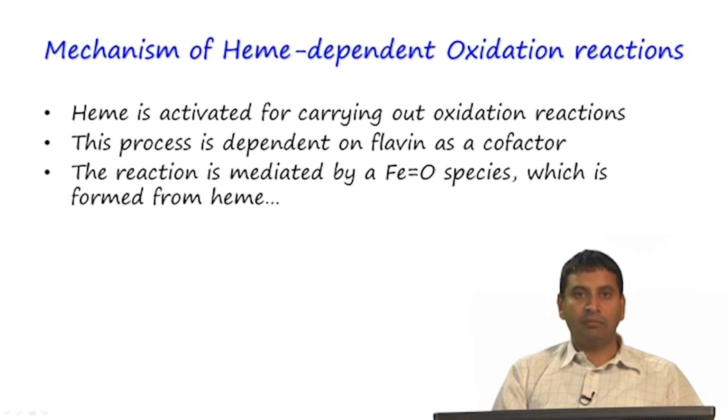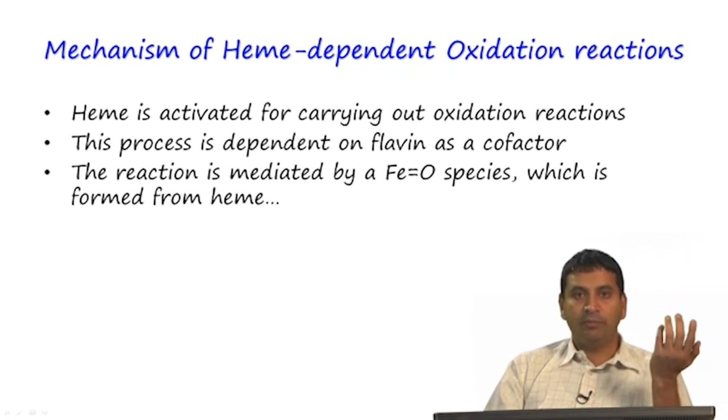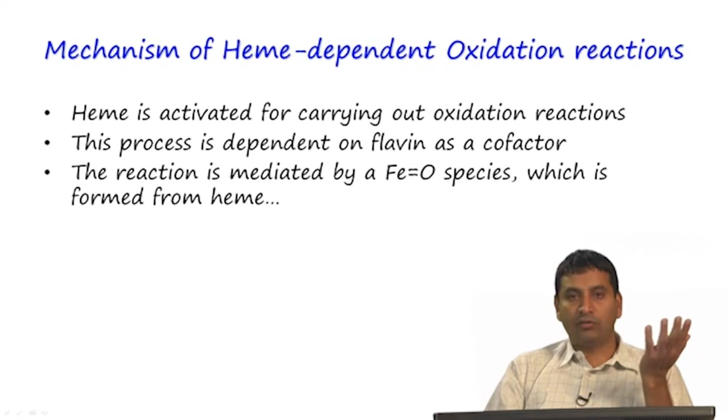Now, we will look at the mechanism of heme dependent oxidation reactions. Heme is a very important part of, we looked at previously, cytochrome P450, they are heme containing proteins, and it is useful to carry out many oxidation reactions, and of course, this process is dependent on flavin as a cofactor.